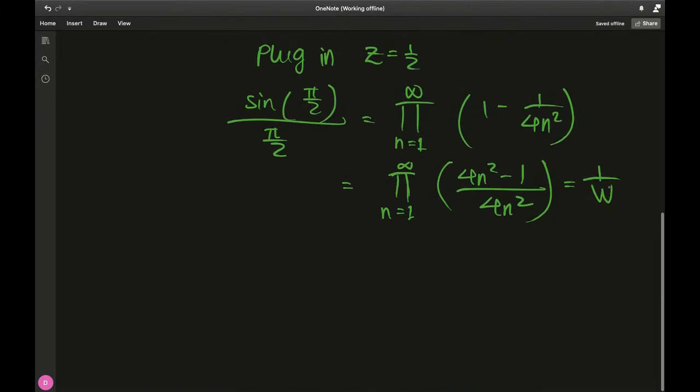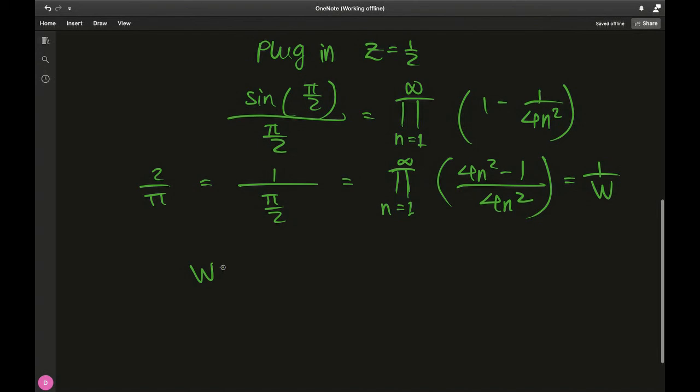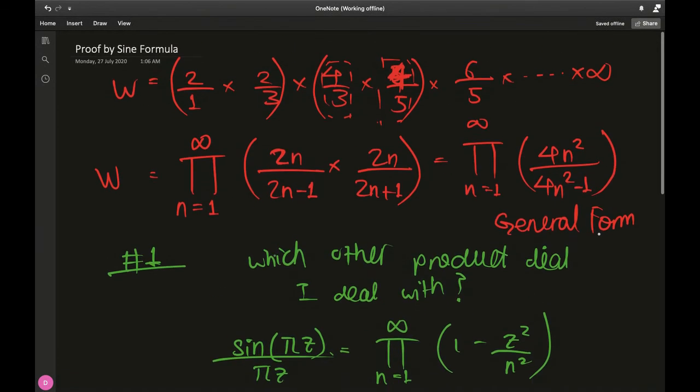So the reciprocal of the Wallis product, 1 over W, is sine of pi over 2, which is 1, and we have a pi over 2. Taking the 2 on top, we have 2 over pi. So this means the Wallis product, taking the alternando or cross multiplication, is pi over 2. So hey, look at that.